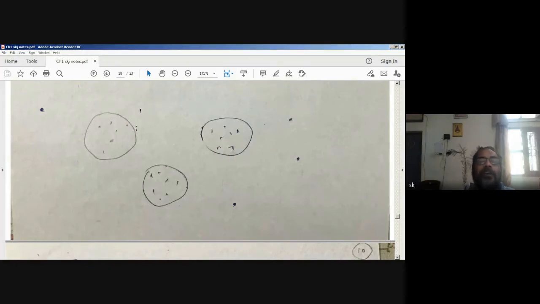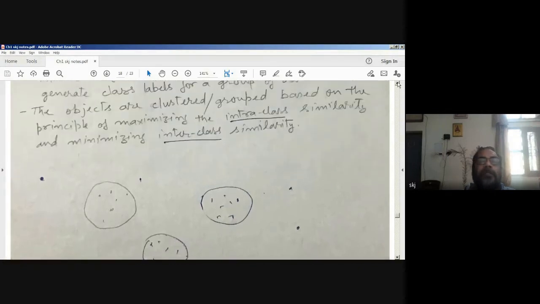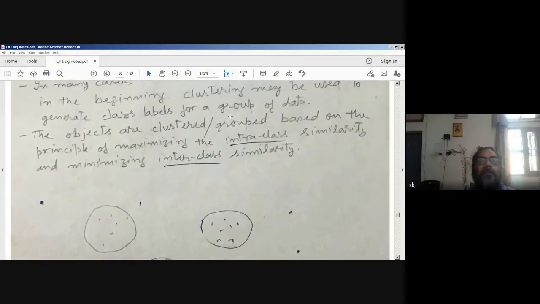That means inter-similarity should be minimum, or low. And it is also written here: the objects are clustered or grouped based on the principle of maximizing intra-class similarity and minimizing inter-class similarity.